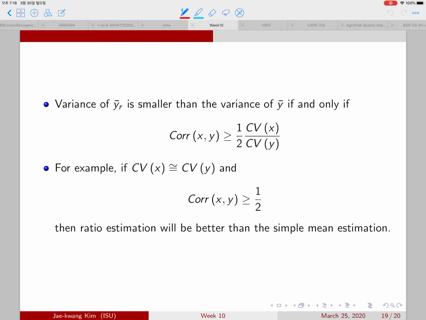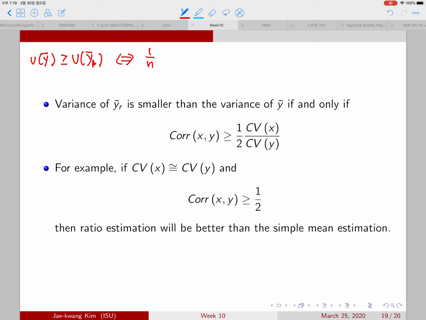Okay. Now, let's compare the variance of y bar R. So the question is, when the variance of y bar R, the ratio estimator, is less than or equal to the variance of the sample mean.